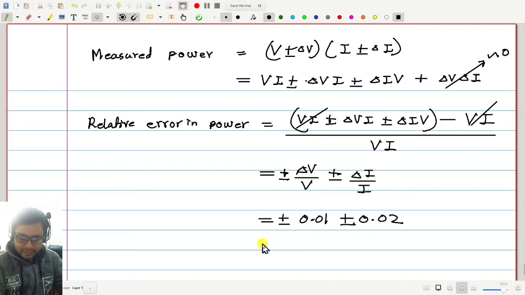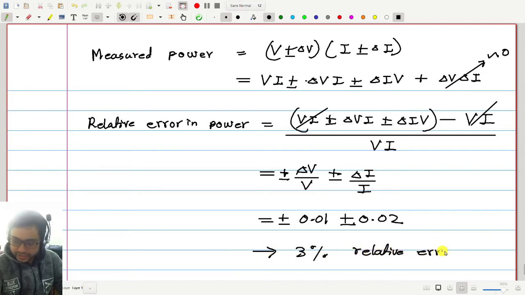Then that is the maximum error we can have, the maximum bounding relative error, that will be 3%, when you take both of them to be of the same sign. We don't know what sign they will have, but we at least know that this is the worst case scenario.